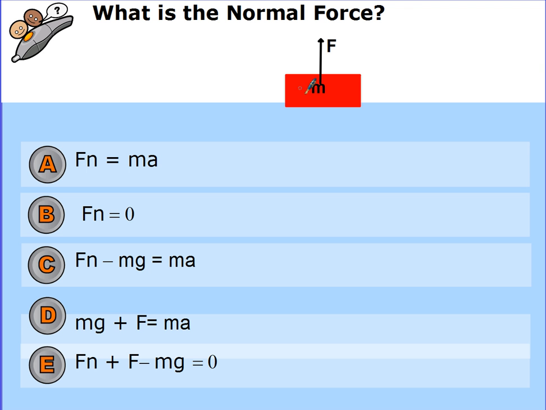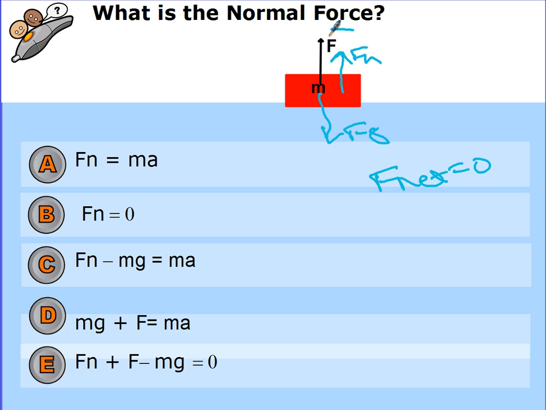Now, we're back to some more of these diagrams. What would be the normal force? If I'm pulling up, we didn't do too many of these. We have Fg going down and Fn going up. Now, because there's a normal force, we know it hasn't moved off the surface yet. So, F net equals 0.